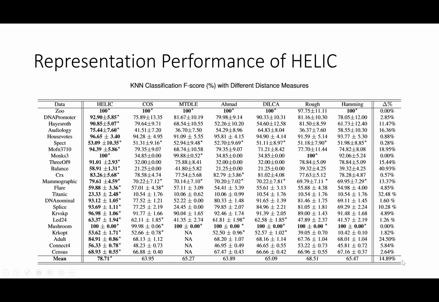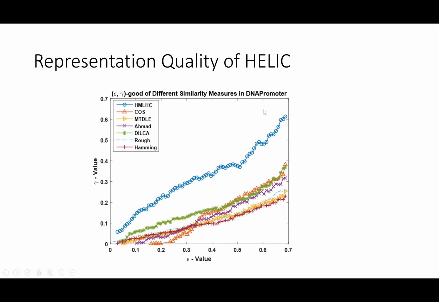But overall, we see that after using this new distance measure, the overall improvement could be quite significant. And then we do a statistical test in terms of different similarity measures to see the performance. And here you see the epsilon-gamma goodness. You see here that the separability is much stronger than other methods.